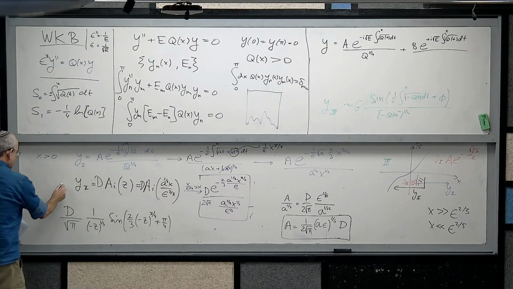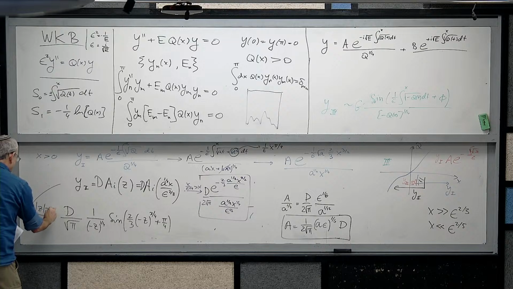This is the asymptotic at large negative z.